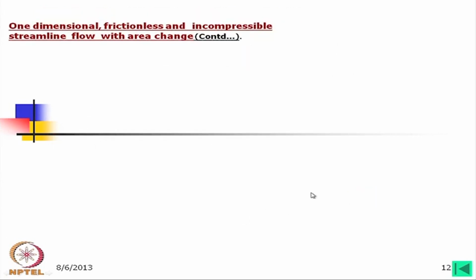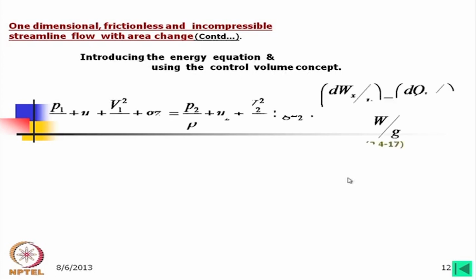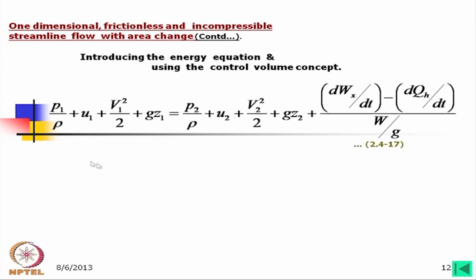So, what will be the equation? Now, we introduce the energy equation using the control volume concept. What we find is the same equation we considered earlier, but now we consider u 1 and u 2, that there will be a change in this intrinsic energy.